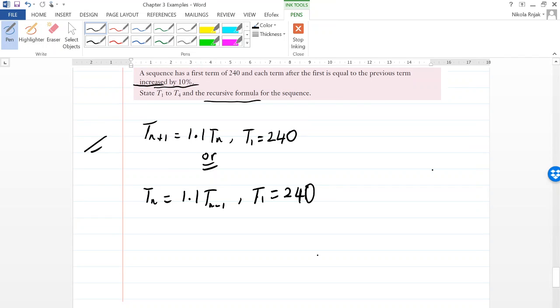T1 is going to be equal to 240. They've already given us that. So T1 is equal to 240.